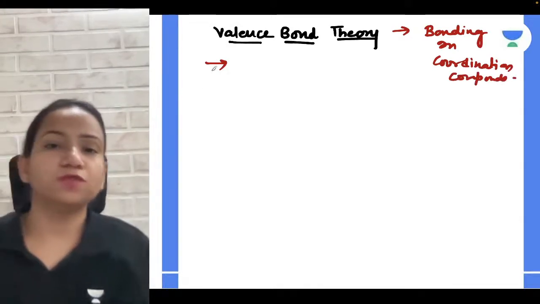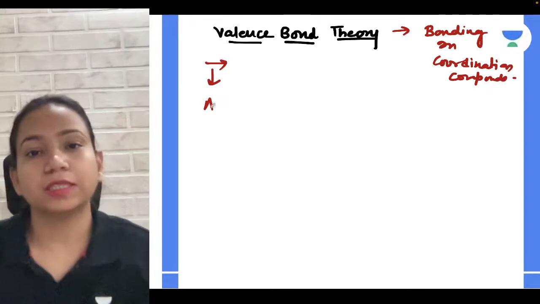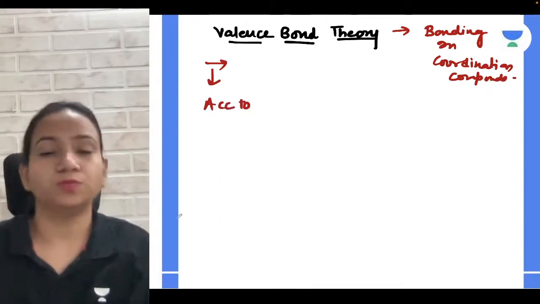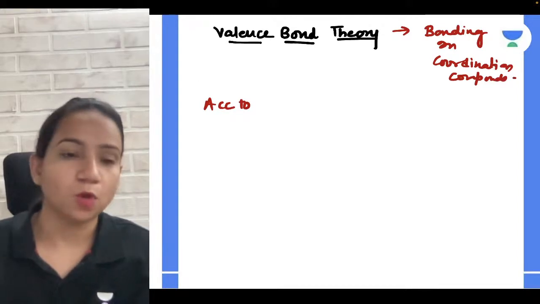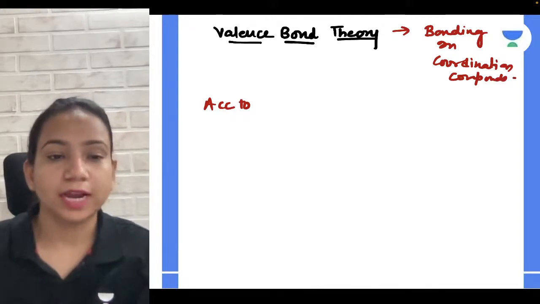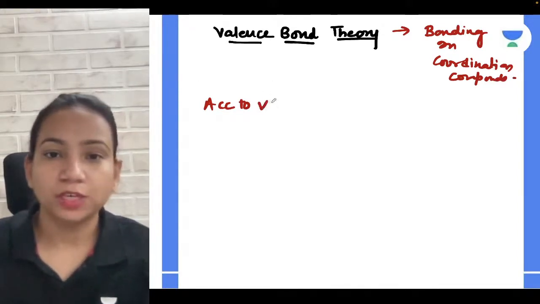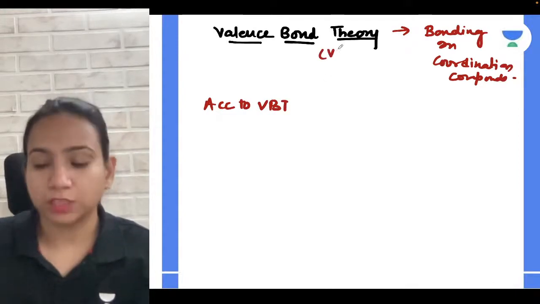Now we'll be learning a few things over here. Valence bond theory, in short form, we can write VBT.